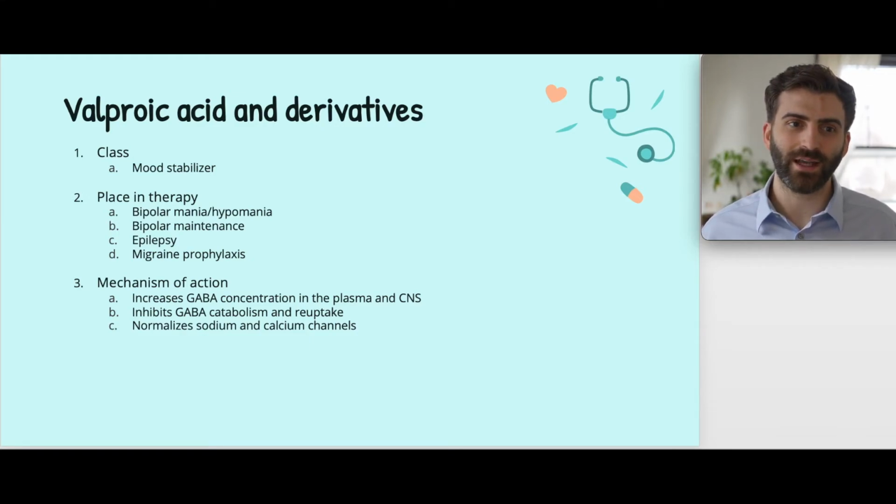Valproic acid and sodium valproate can be used in different percentages, but you'll hear words like valproic acid, Depakote, Depakine, and so on. They're kind of lumped together because sodium valproate and valproic acid are all metabolized to valproic acid eventually. So this is an anti-epileptic drug, but also a mood stabilizer.